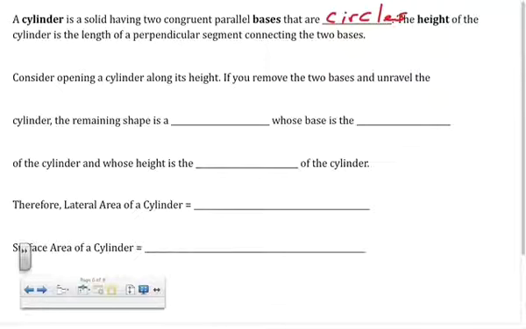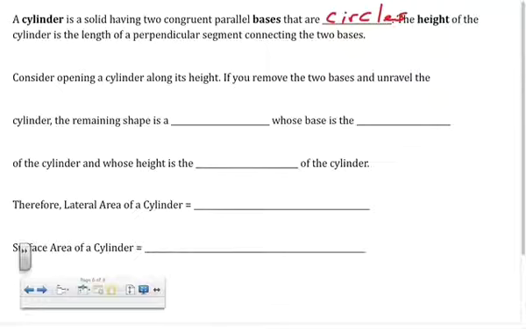Because its bases are circles, really the only measurements that a cylinder has are the radius of the base and the height of it.